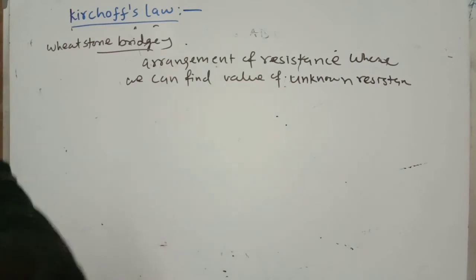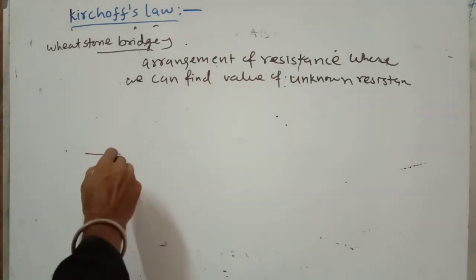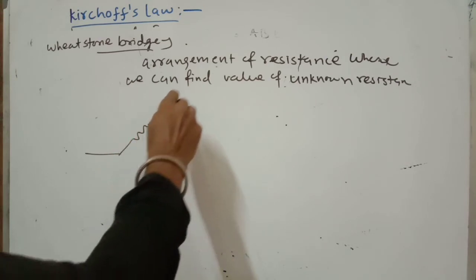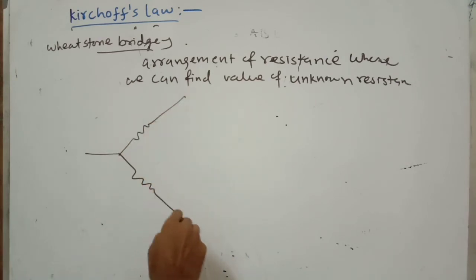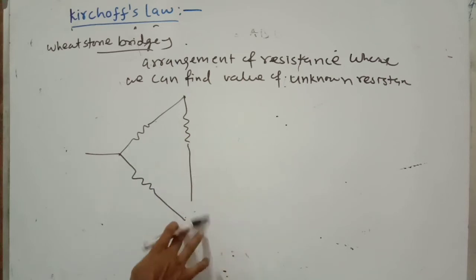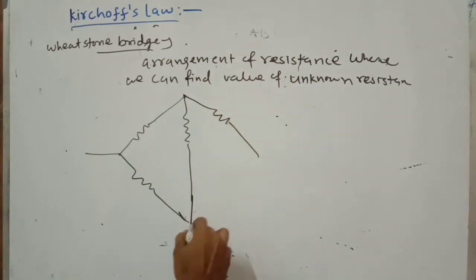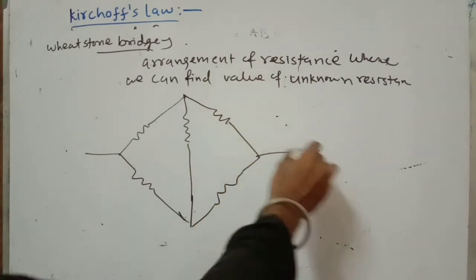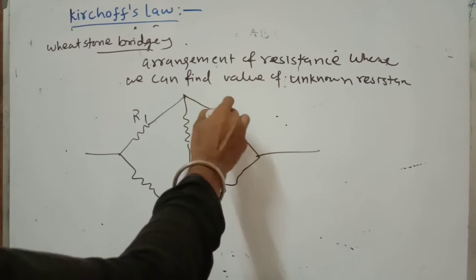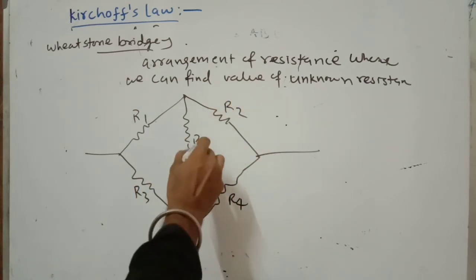So first you see the diagram of Wheatstone bridge. Wheatstone bridge is like this one. Let me consider R1, R2, R3, R4, R5.